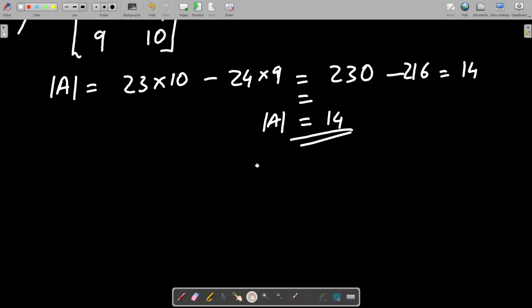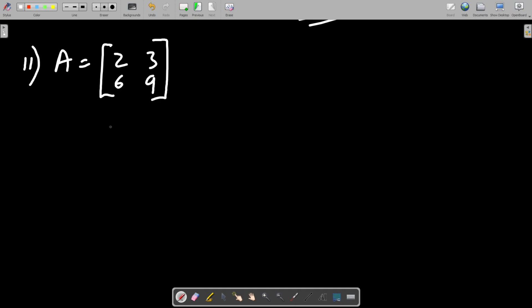So moving on, we won't be solving problems in the one by one case, it's too trivial. Okay, so next two, give the matrix first. Yes, you tell some numbers now. Which numbers you want? 2, 3, 6, 9. Okay, so this is the matrix given to you.